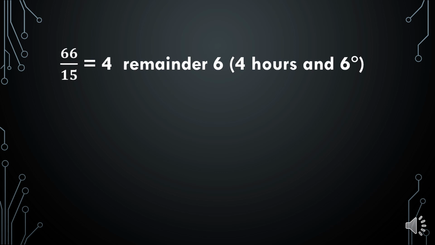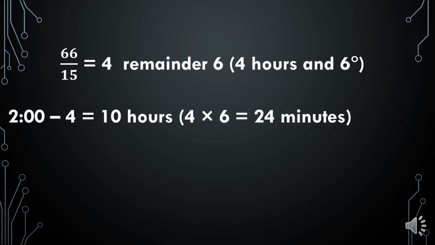Because we are west of Greenwich, we are going to take away our 4 hours from the time 2 o'clock. When we go back 4 hours earlier than 2 o'clock, it will be 10 hours, technically 10 o'clock. In brackets, we're going to have 4 times 6, which is equal to 24 minutes.